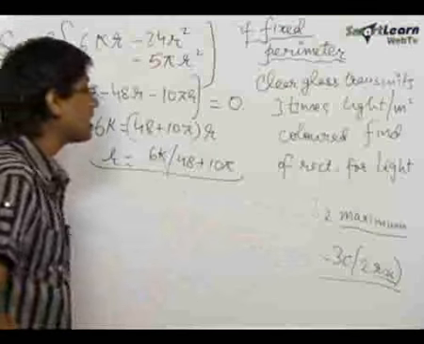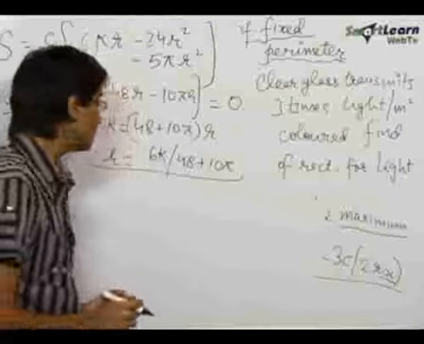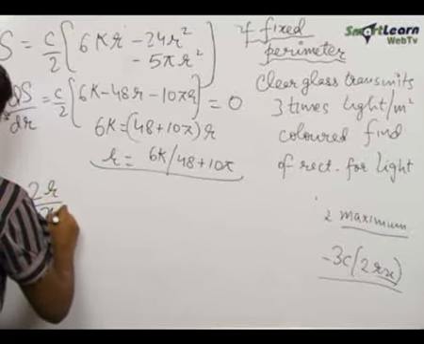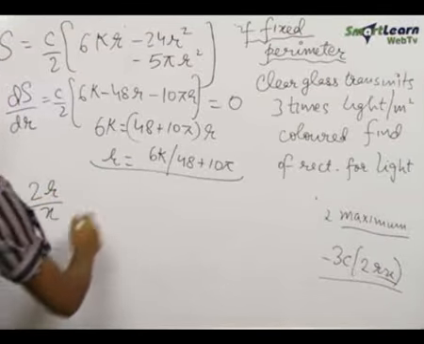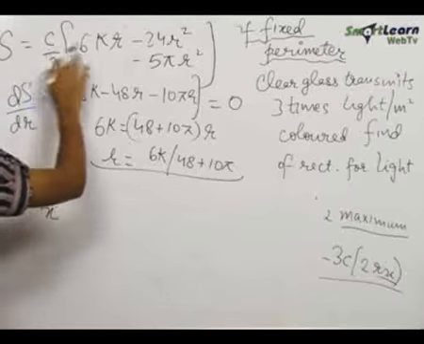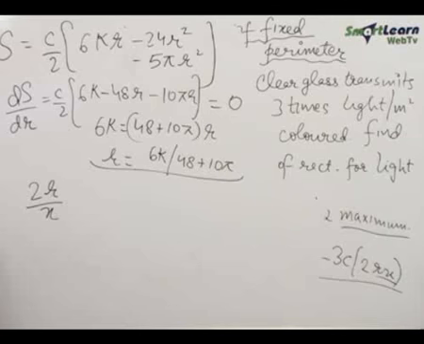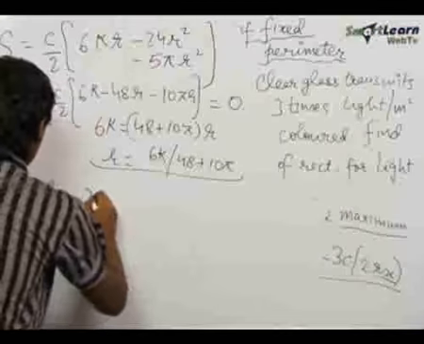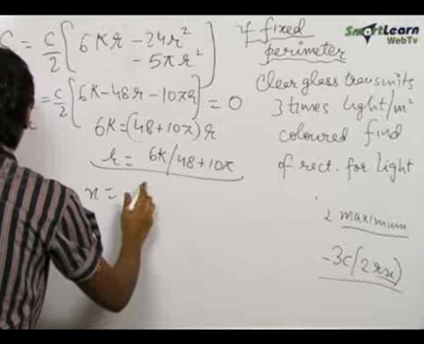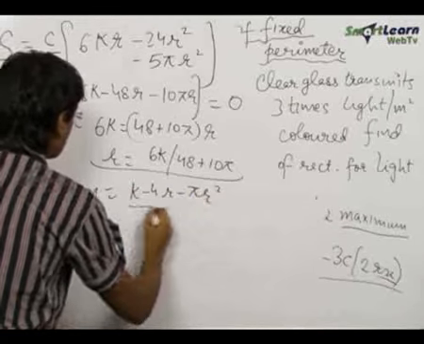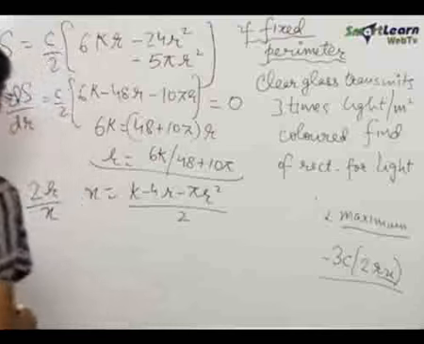Now we need to find the ratio of the sides of the rectangle. The ratio of sides is 2r upon x. We have got the value of r by differentiating S with respect to r and putting it equal to 0. Now we need to find x, and we knew that x was equal to k minus 2r minus pi r by 2.